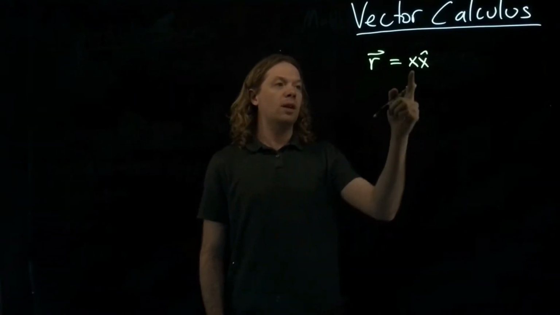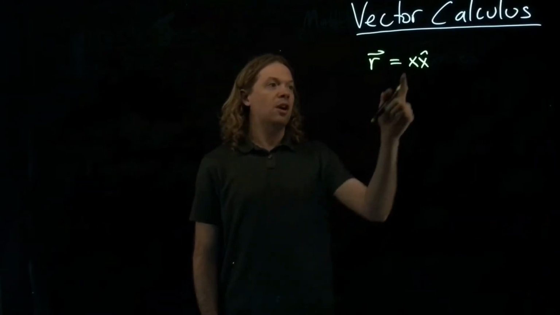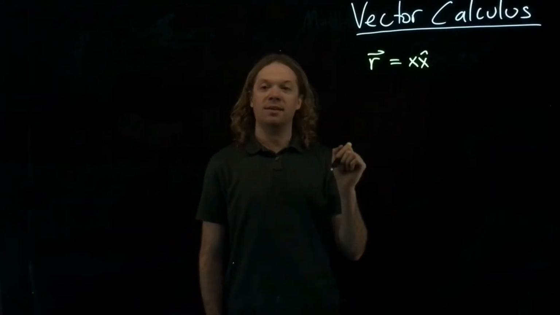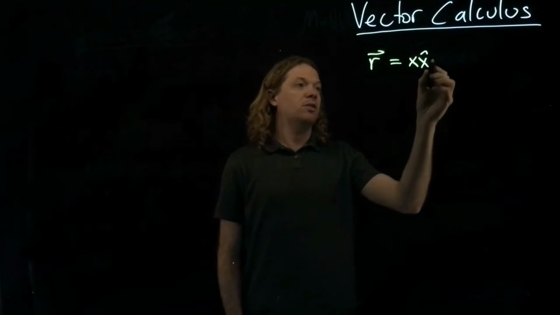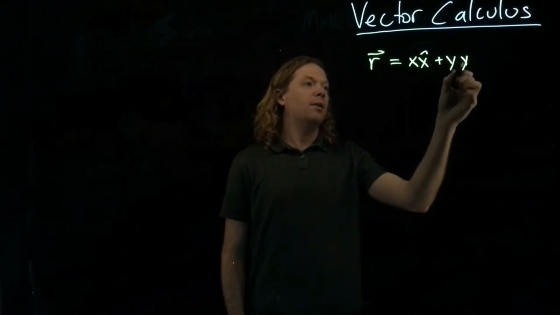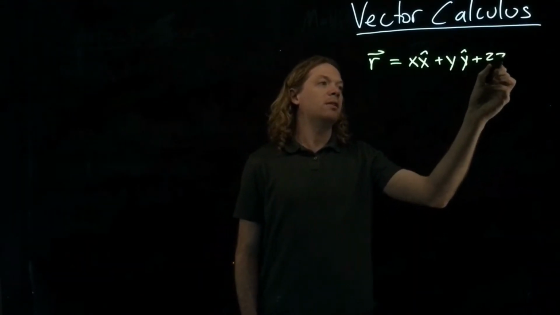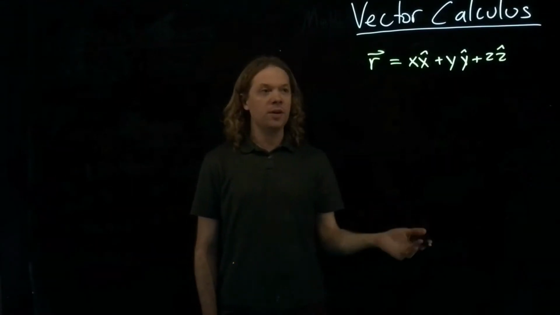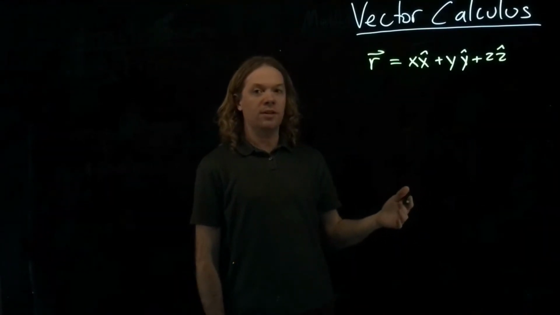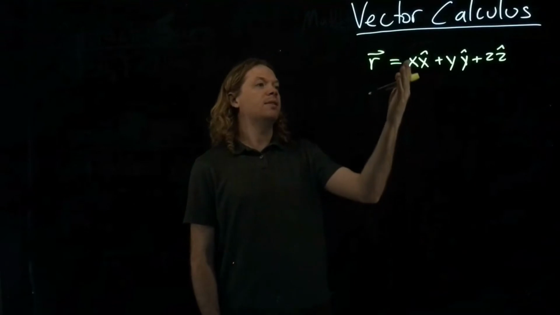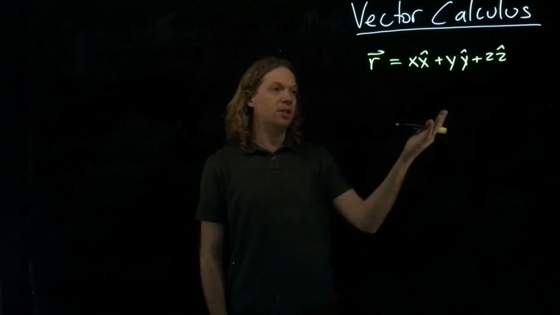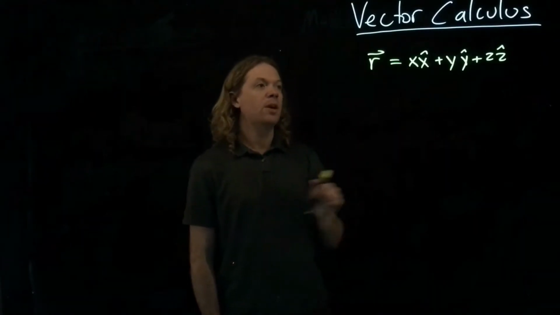So that means whatever the position of the object is along the x direction is x, and that x hat tells me along the x direction. Plus y y hat plus z z hat. So as coordinates, this vector has the coordinates of the end of the arrow as x, y, z. But this is just a position vector relative to some origin.